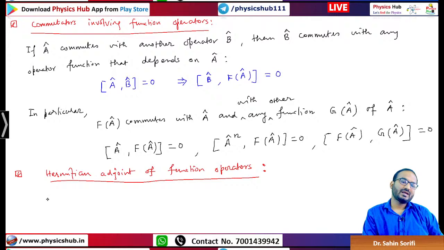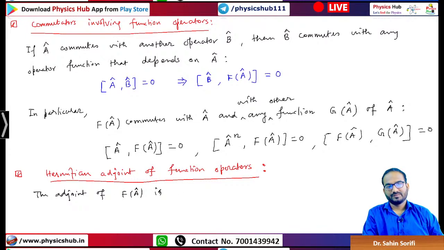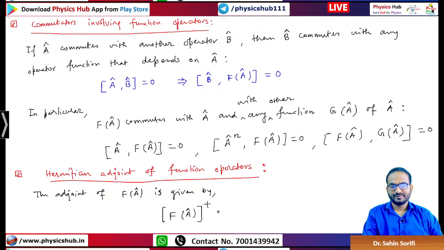So if you calculate the adjoint of f of A, how can we represent that? You have to take the adjoint, which means you have to take this dagger.